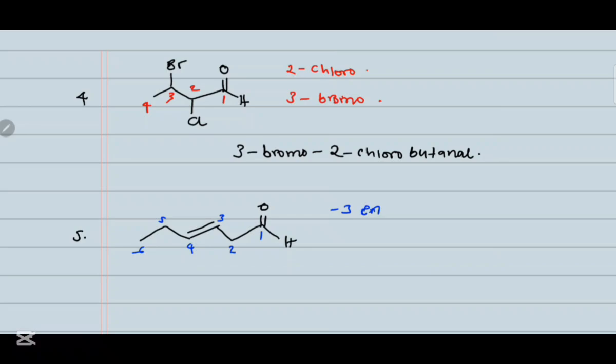We need to add this to our molecule, so it will be 3-hexene with respect to the double bond here. Then you just put AL. That's the name of this compound. It's 3-hexenal.